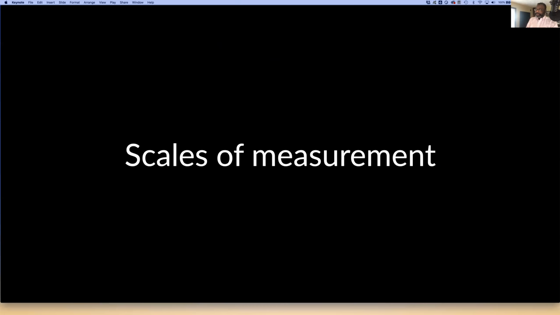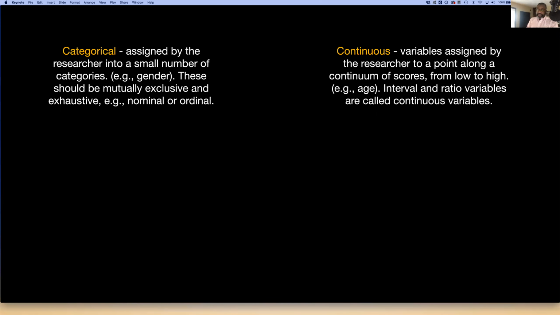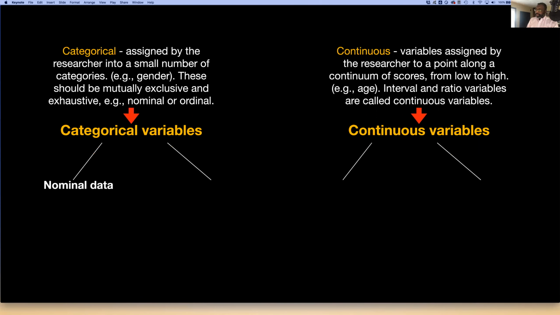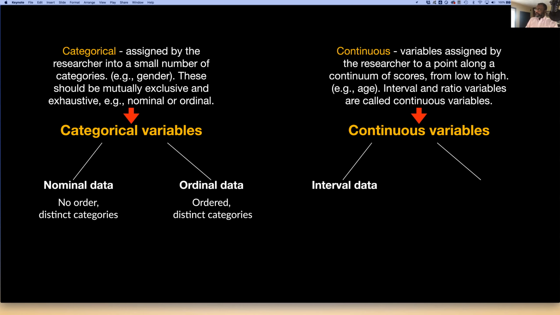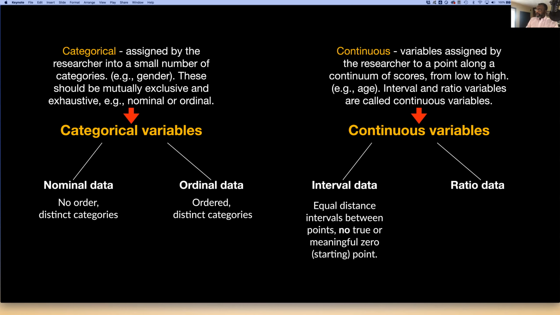Okay. Here's a biggie: scales of measurement. This is very important. So we went over categorical and continuous variables. They both have two different categories themselves. Nominal data and ordinal data represent categorical variables. Interval and ratio data represent continuous data.